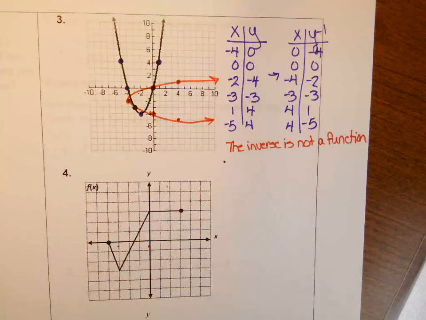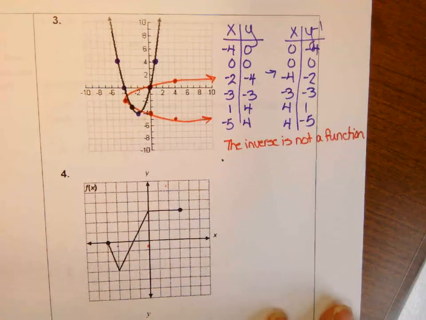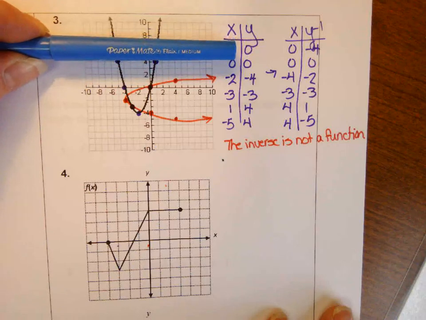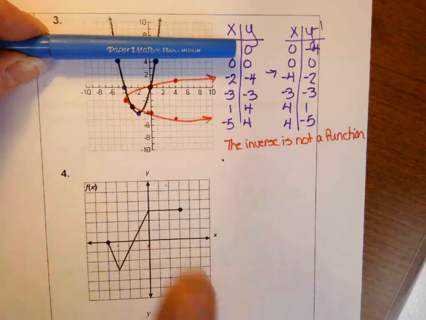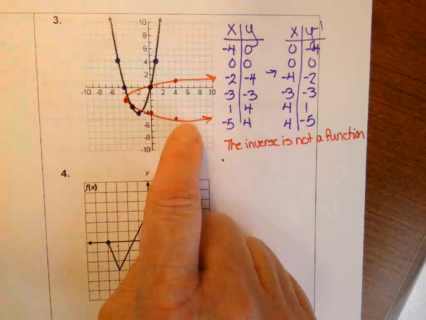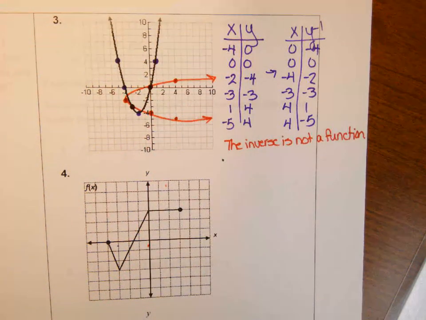Now, we knew that was going to be the case just by looking at the original function, right? We've been asking you if functions are one-to-one. We've been asking you to use that horizontal line test. This function is not one-to-one. That means the inverse is not a function. This is going to be important later this year.